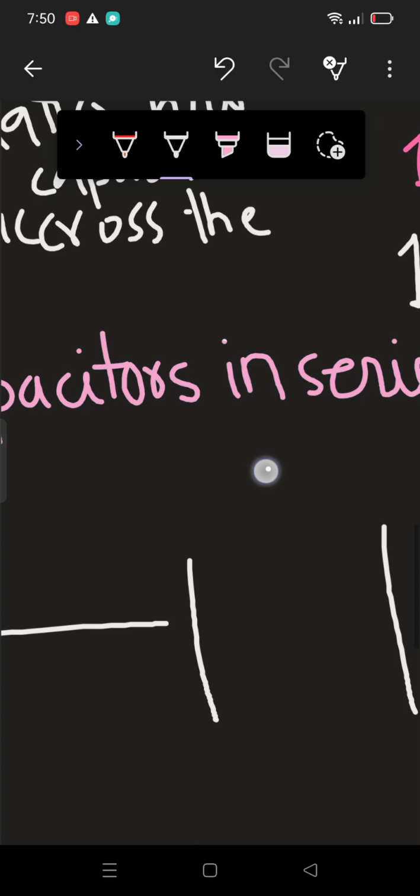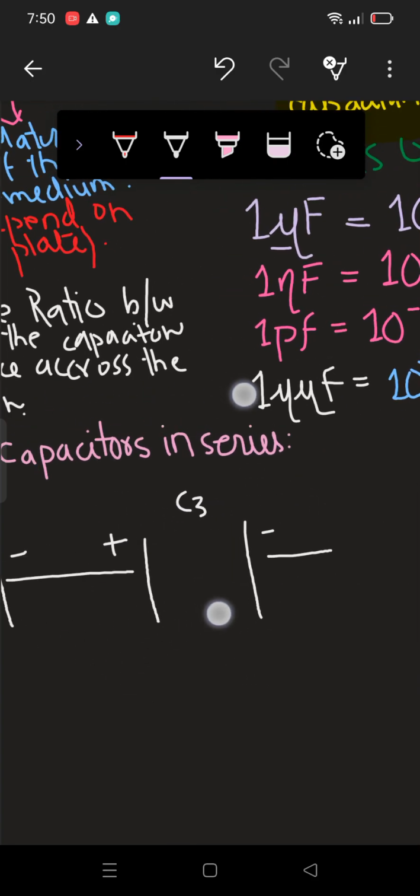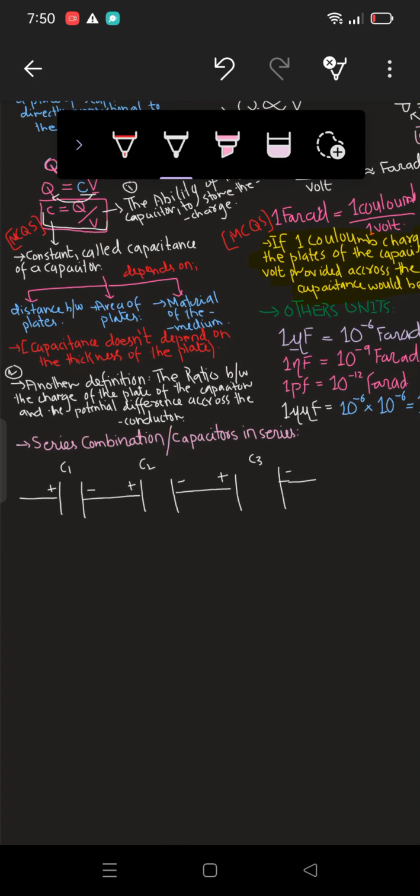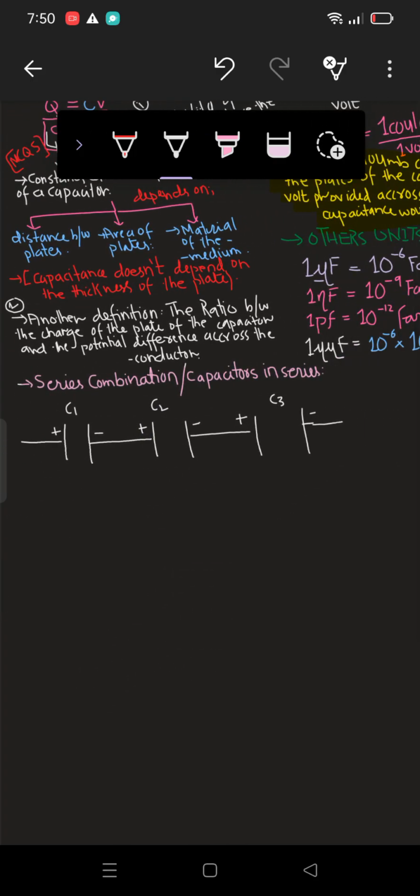C3, consequently, positive plate and negative plate, right? This is our capacitors in series. Now when two or more capacitors are connected one after the other in the same path, such type of combination is what we call the series combination or capacitors in series.